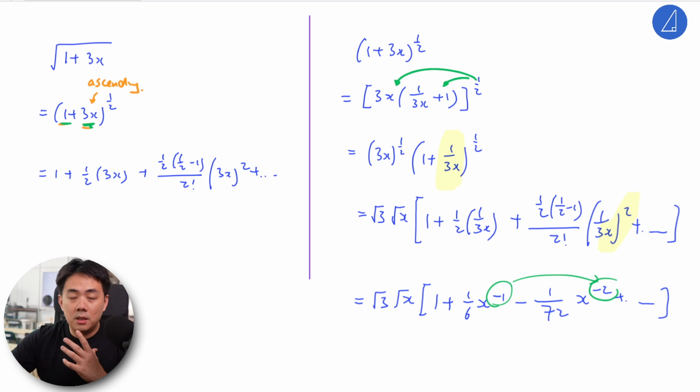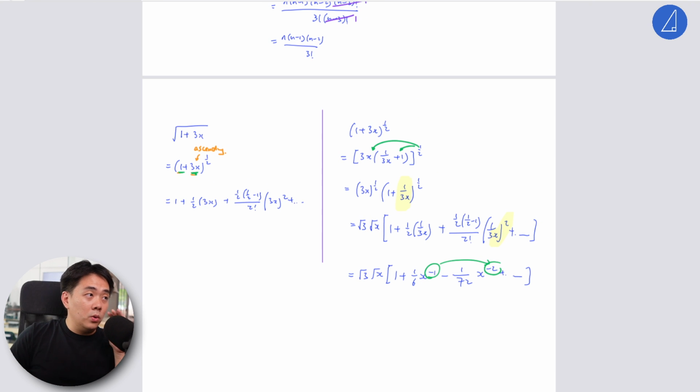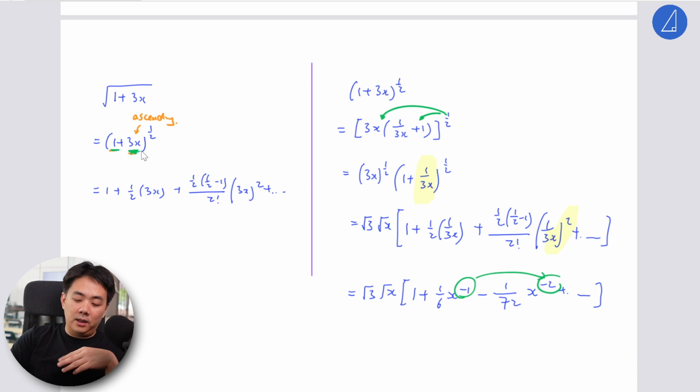So remember this: if you want to ascend the power, you leave the x as a numerator, like positive power. If you want descending power, you just make sure that the x is in the negative region. That's how you do it.